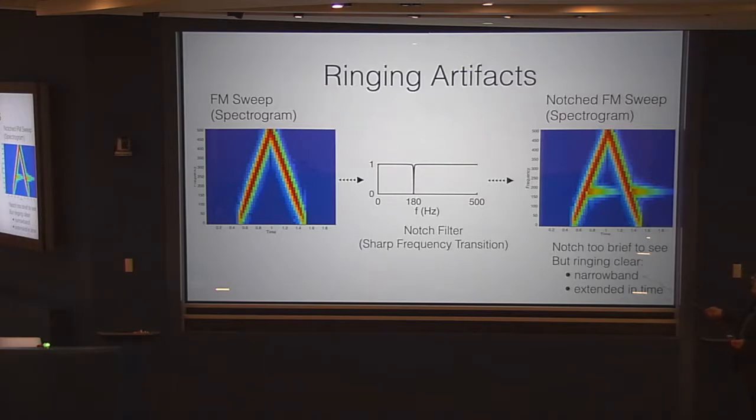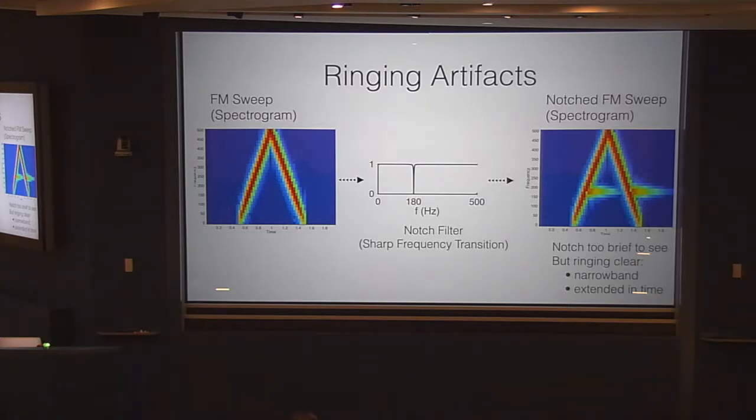So ringing is narrow band. It occurs at the frequency where the sharp transition is, and it's extended in time. In practice, notch filters won't show you ringing because of the reasons that we use notch filters. We use notch filters specifically for very steady sources of noise. And the ringing is going to occur when you bang the tuning fork.